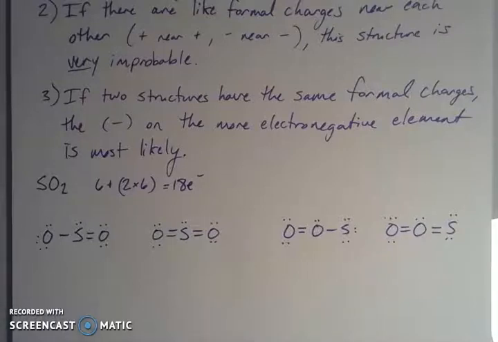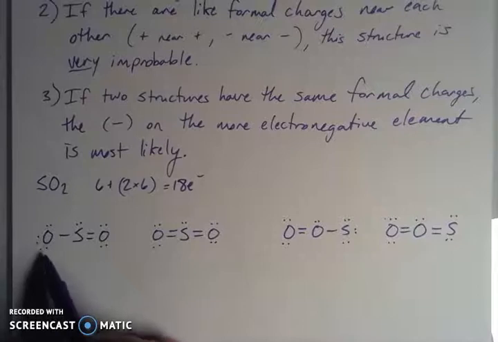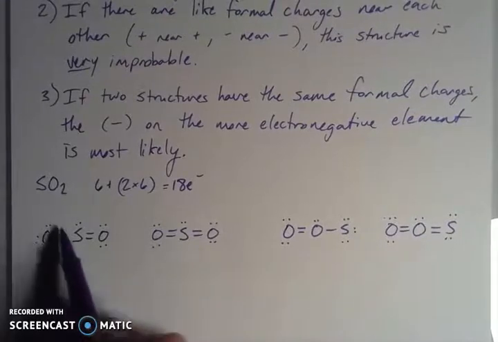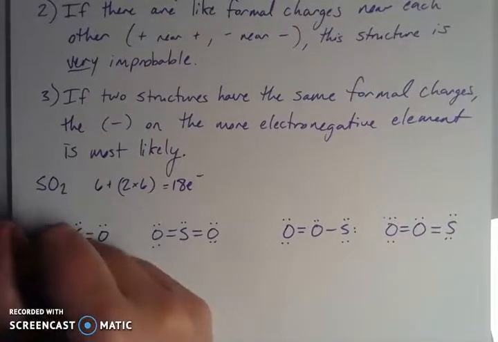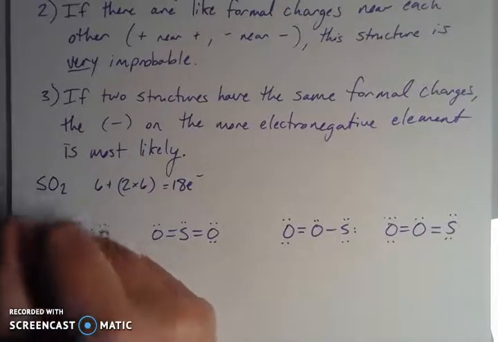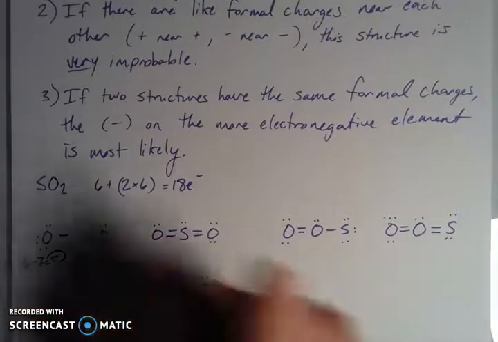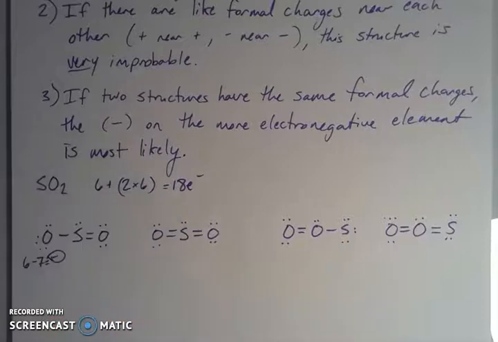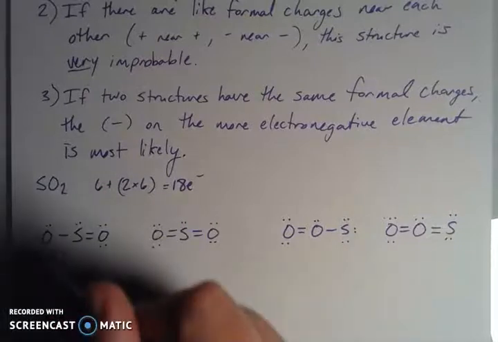So all of these guys have 6, right? All of them have 6 valence electrons. So that's always what we're going to be comparing it to. This oxygen in this structure has 7 though, right? So it has 6 valence electrons minus the 7 that are there, it has 1 more electron, which gives it a negative charge.